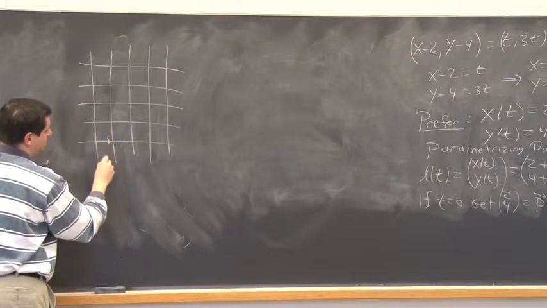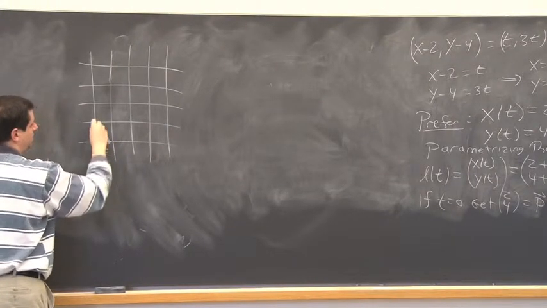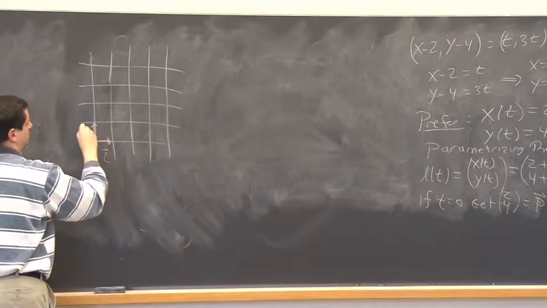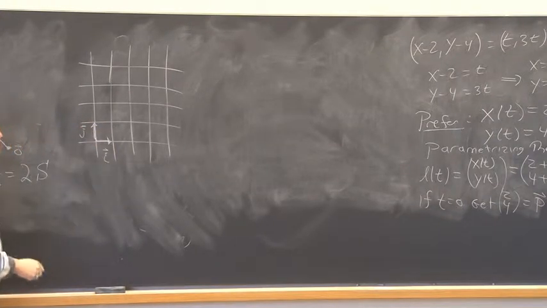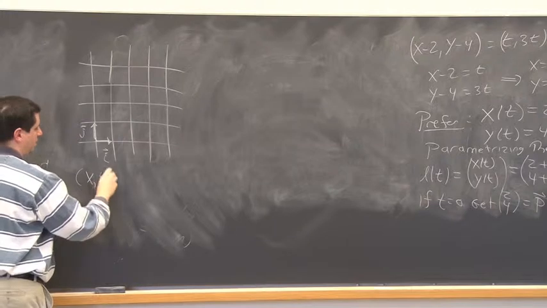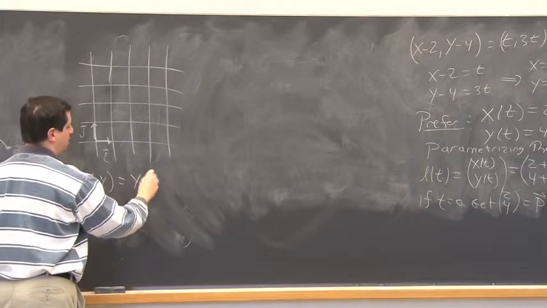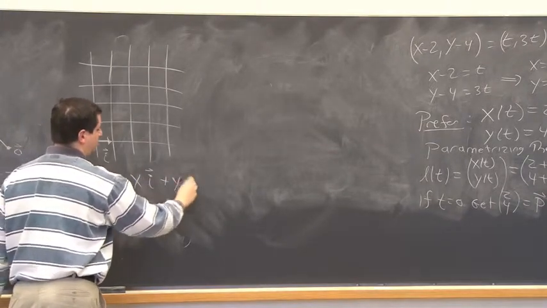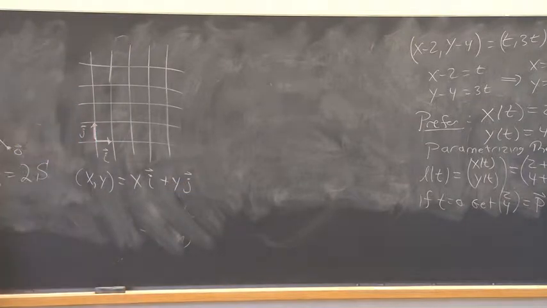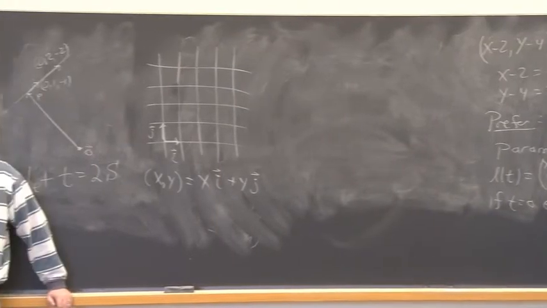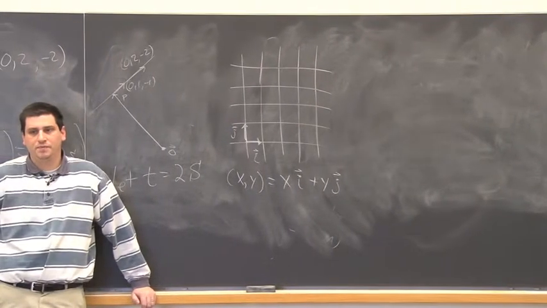So imagine this is i hat, this is i, this is j. If I give you any vector (x, y), I can write it as x times i plus y times j. So I can represent any point in the plane as some number of copies of i plus some number of copies of j.